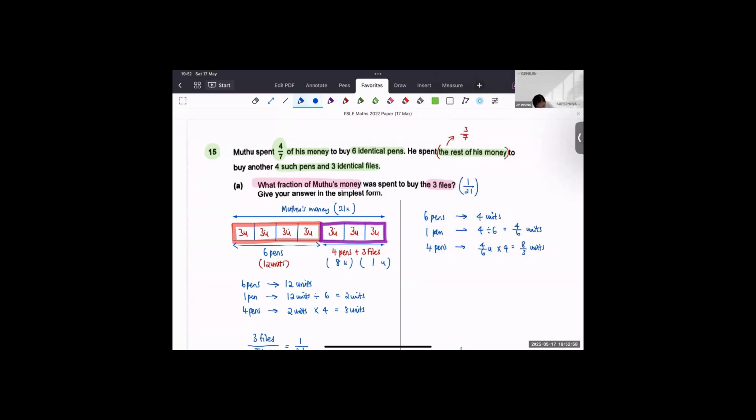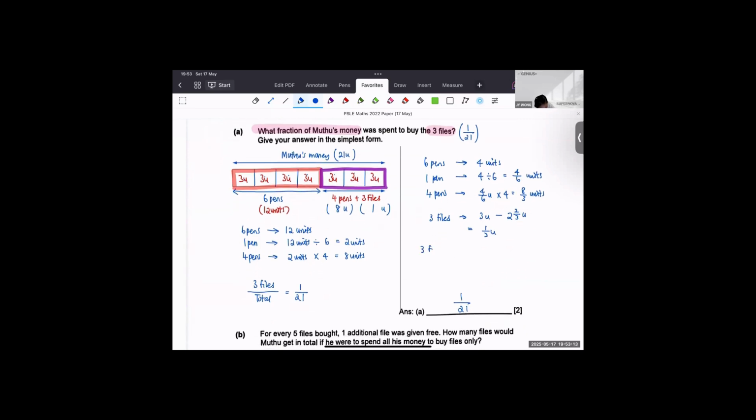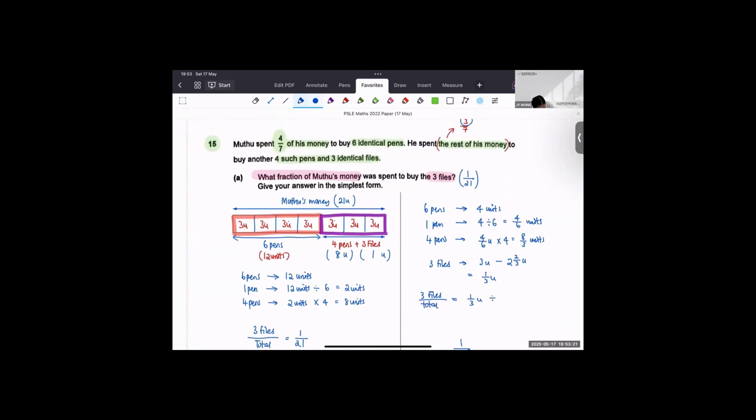Then what do you know about the rest of his money? It's 3 units, right? So 3 files would be 3U minus 8/3 units, which is the same as 2 and 2/3 units. We will get 1/3 unit. Then again, you want 3 files out of the total. So what is the 3 files? 3 files is 1/3 unit. Total is how many units? 7 units.